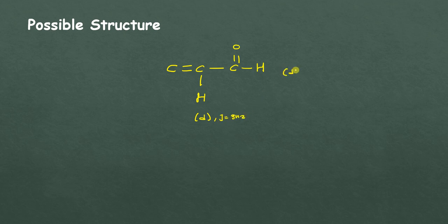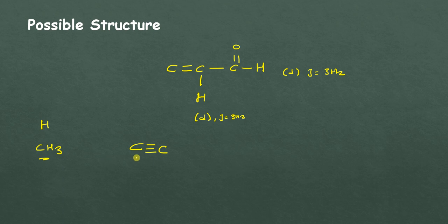This has appeared as a doublet with J is equal to 3 Hertz, and this IR data is also supporting a conjugated aldehyde. So we'll go with this, right? Then we have C triple bond C present in this compound, right? And there is one more H we are left with. So we have used 1, 2, 3 and one more CH3 also, 6 carbons.